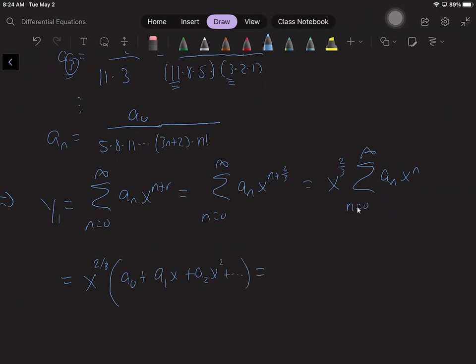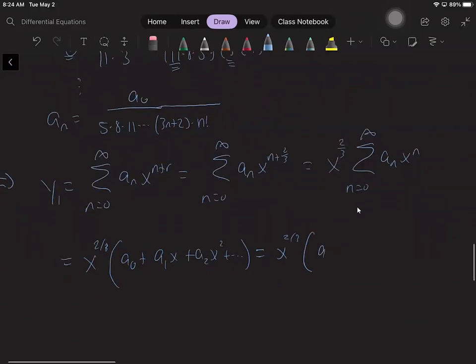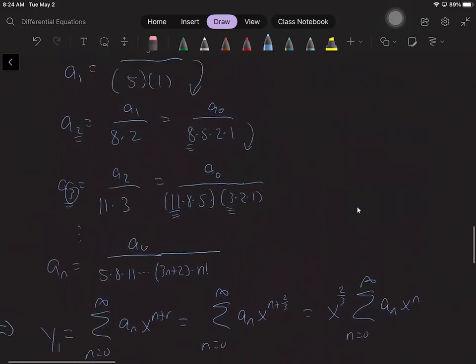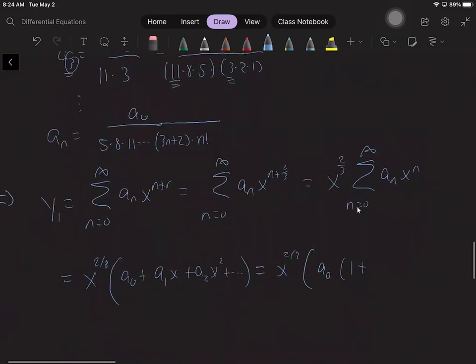So what we're going to do is rewrite these all in terms of a0, like always, and then factor out the a0. The other terms, like a1, for example, looked like a0 over 5 times 1.